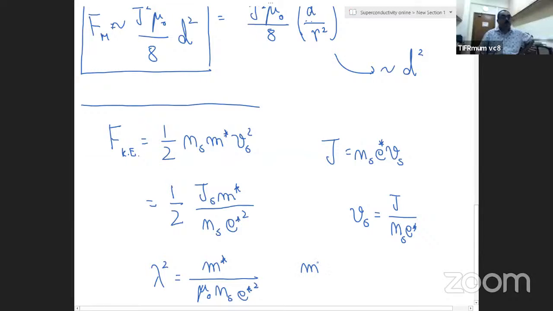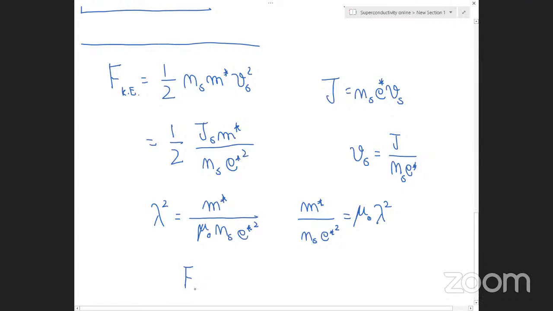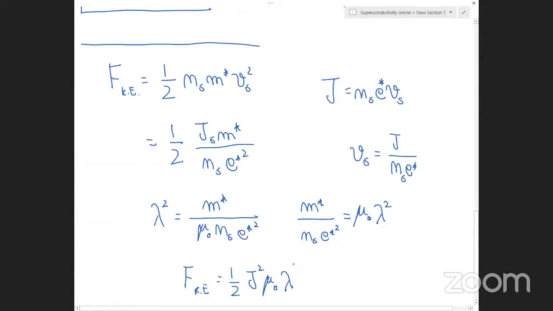So that means m star by ns e star squared is equal to mu 0 lambda square. So then the kinetic energy F becomes half J square mu 0 lambda square.